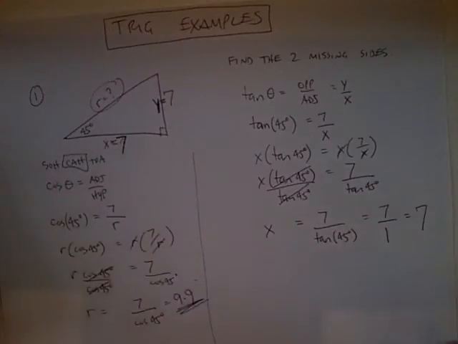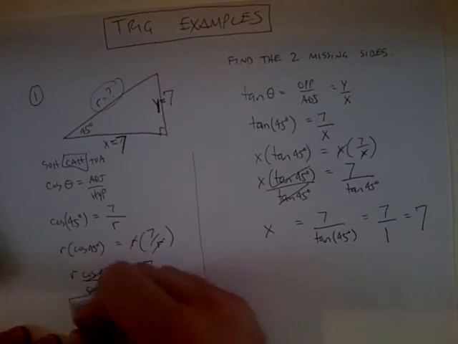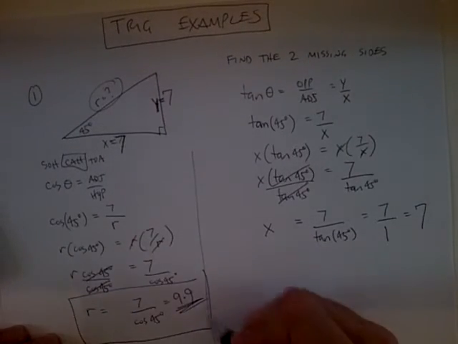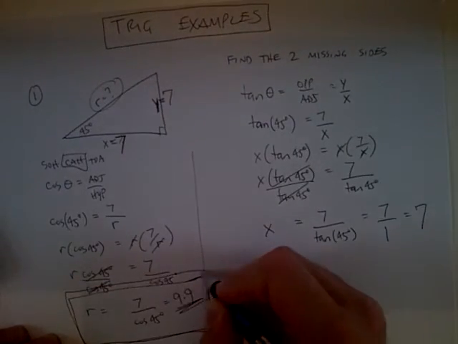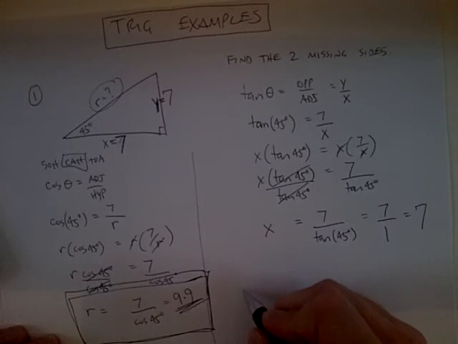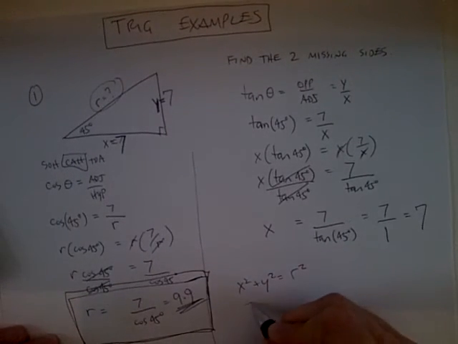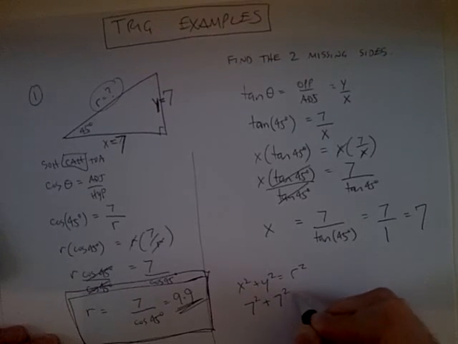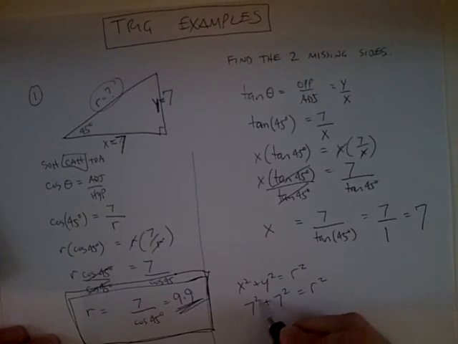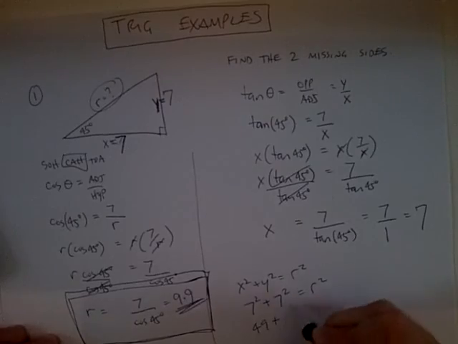So that may or may not be true. R equals 9.9. I'm confident that it is, but I could use Pythagorean theorem to figure it out. Because I know that x squared plus y squared equals r squared. So 7 squared plus 7 squared equals r squared. 7 times 7 is 49. Plus 7 times 7 is 49 equals r squared.